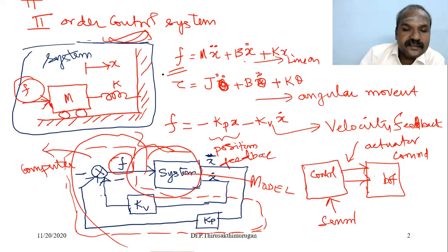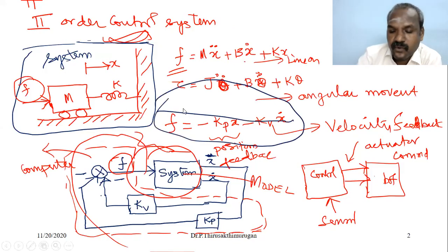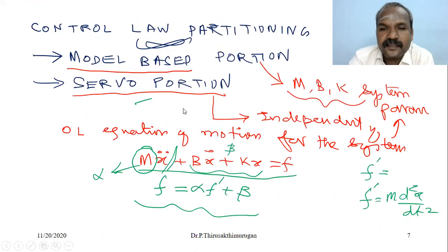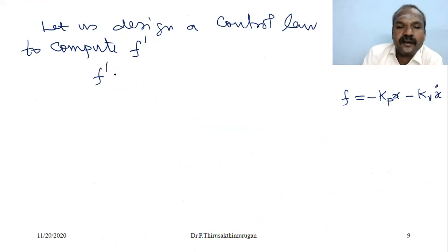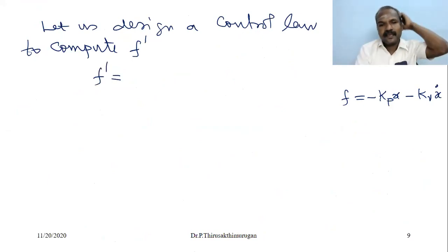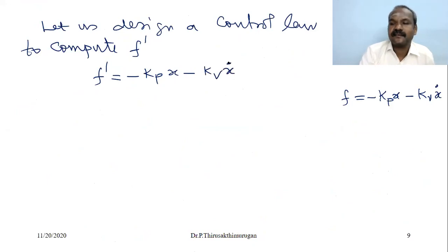So for this control block, we consider this equation, right? So for the new partitioning method, similar to that, the same control law can be applied here. F dash equal to minus Kp times X minus Kv times X dash.